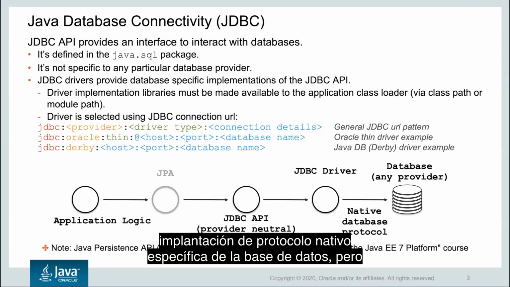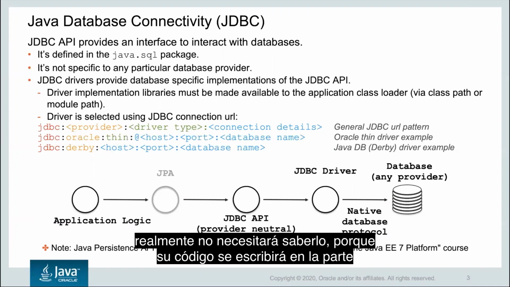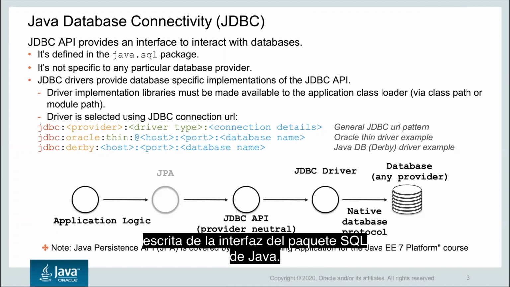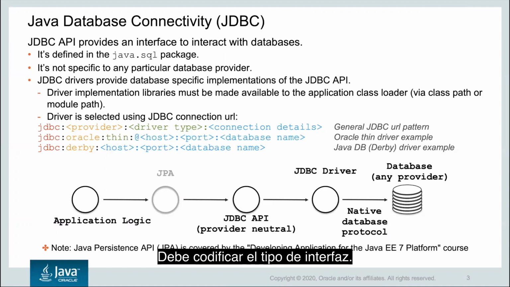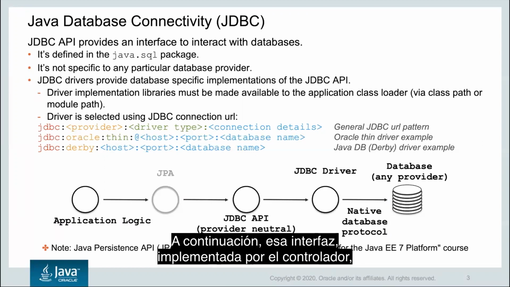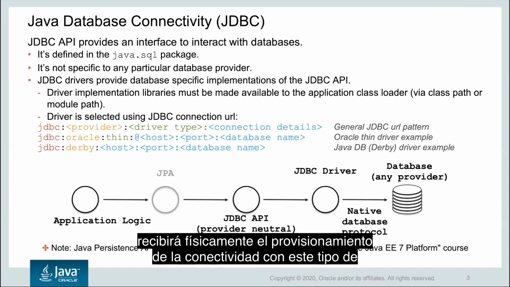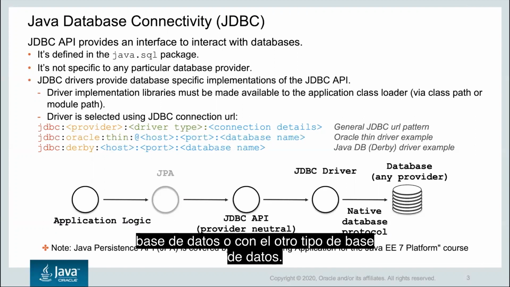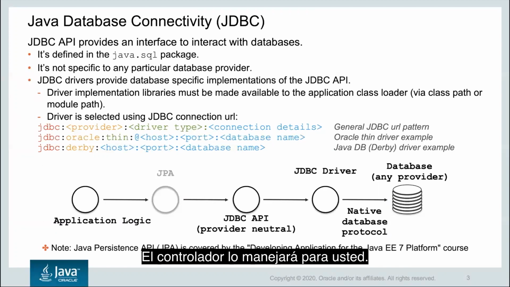But you won't really need to know that because your code will be written against the interfaces that are part of the java.sql package. You code to the interface type, and then that interface, implemented by the driver, will be physically provisioning you the connectivity with one or the other database type. The driver will handle that for you.